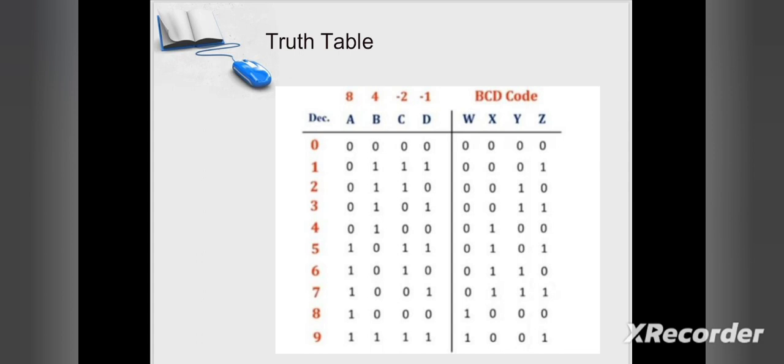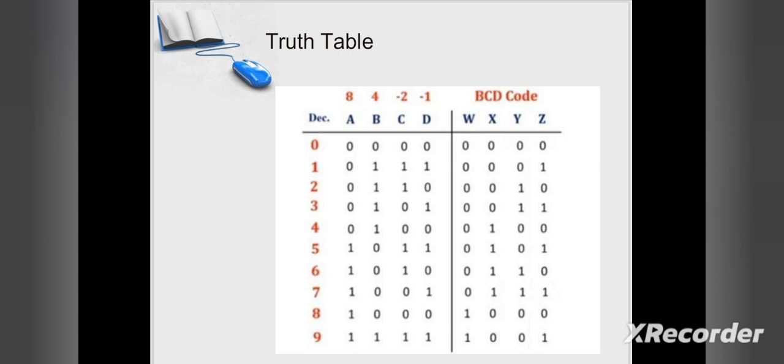Similarly for 2 in 8 4 -2 -1, the sum of 4 and -2 is 2. Hence 4 and -2 become 1 and the remaining are 0, and we get 0110 in 8 4 -2 -1. Its related output in BCD code is 0010, because the binary code for 2 is 0010.